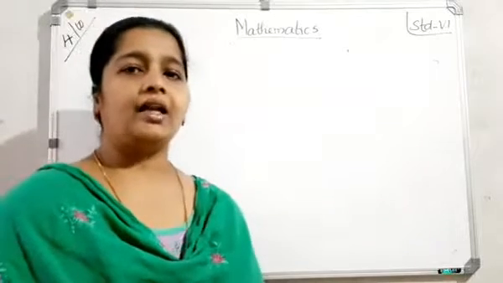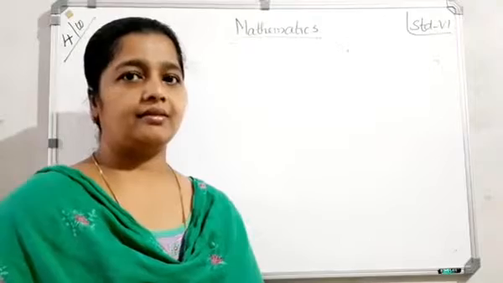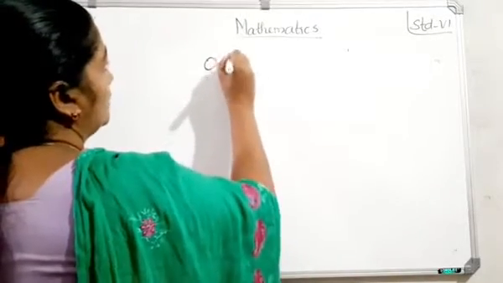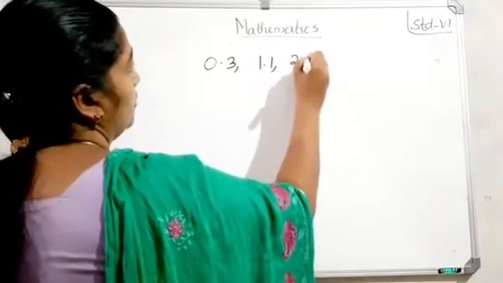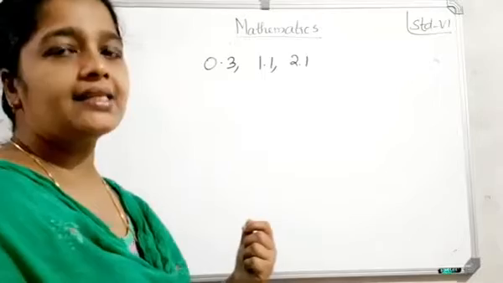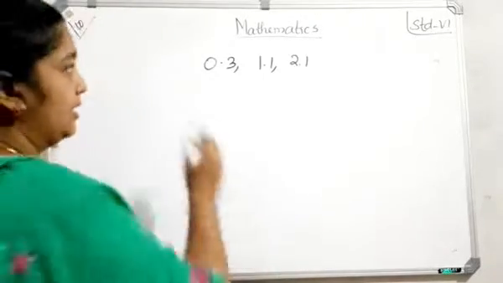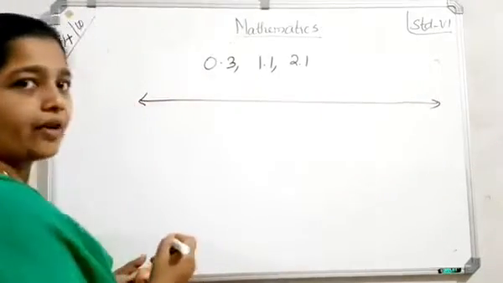Next, how can we represent decimal numbers on the number line? For example, 0.3, 1.1, and 2.1. We want to represent these decimal numbers on the number line. First, we draw the number line starting from 0.